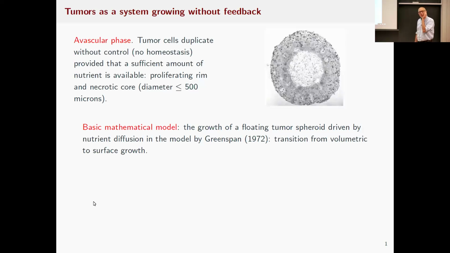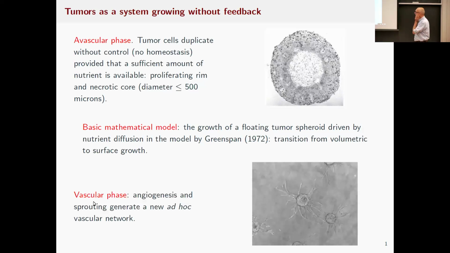What is driving the growth, the size in time, is the duplication rate, of course, but also the availability of nutrient, and there are some nice models that I use in teaching that date back to those days. At a later stage, the nutrient provided by pure diffusion through the boundaries is not enough anymore, and the spheroid, these multicellular aggregates, start producing something that mimics a vascular network.